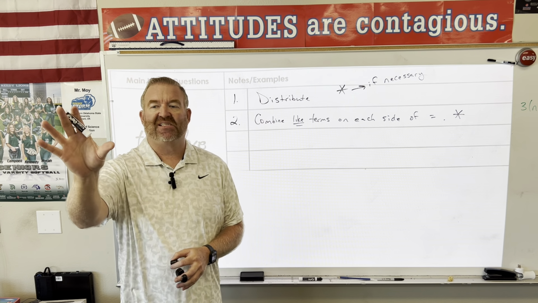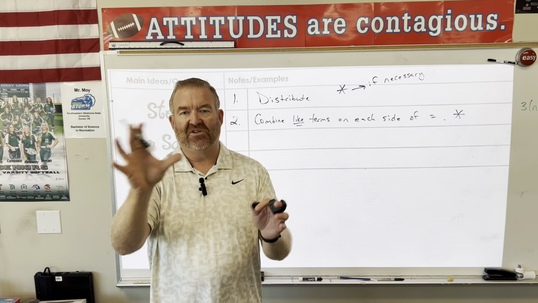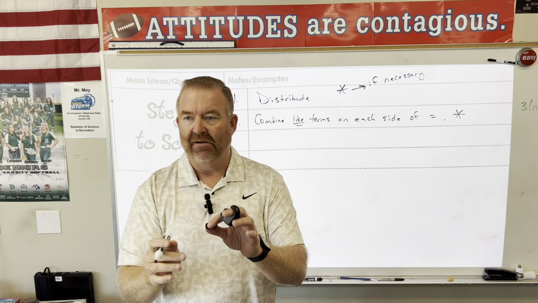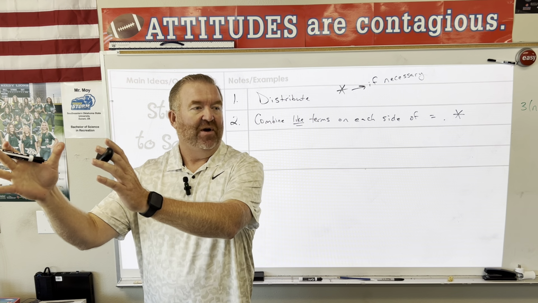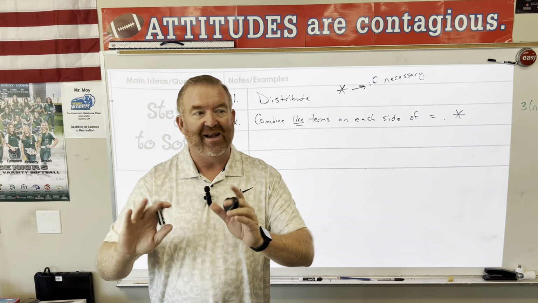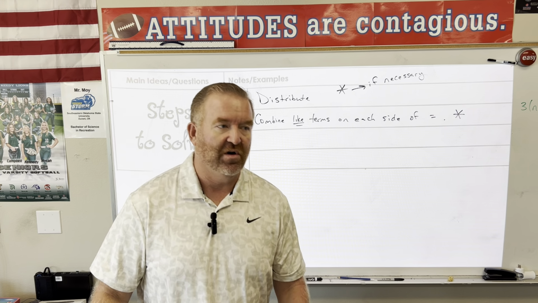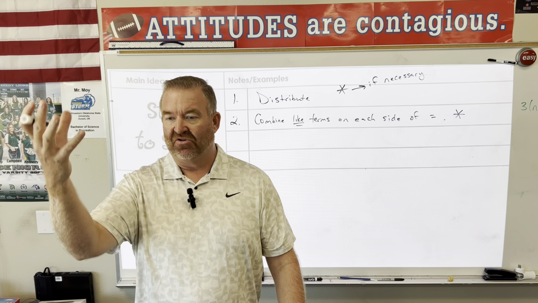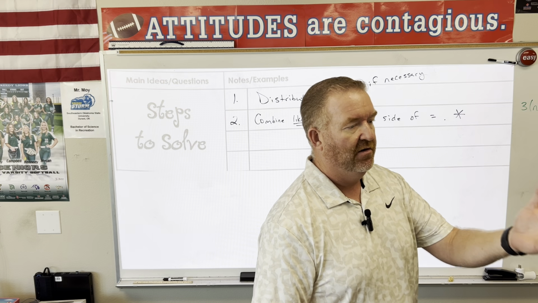On each side, so I'm going to simplify the left side and I'm going to simplify the right side before I start trying to move stuff around. Don't try to do too much. If the left side of the equation is not simplified, don't start moving stuff around because it's not ready to be moved. Now you can, but you're just making more work for yourself. So distribute, and then simplify the left and then simplify the right.